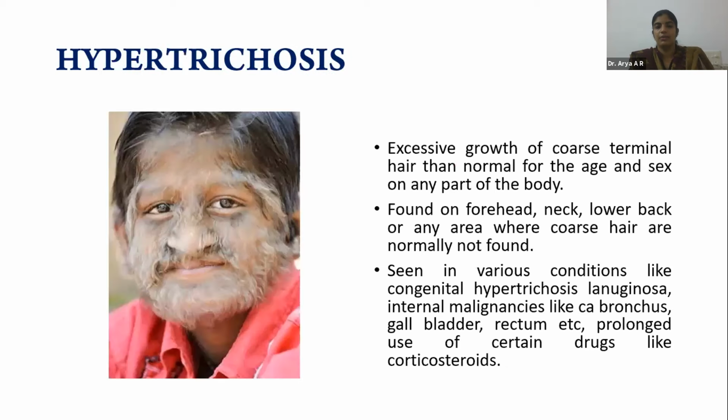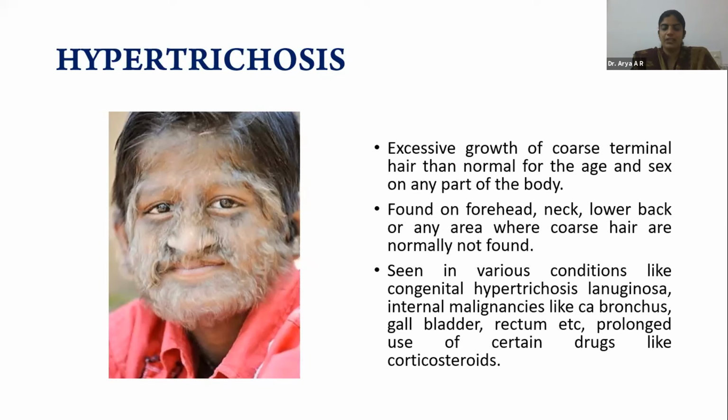So this is called hypertrichosis. You could see in this picture a child whose face is covered fully with hair. That is hypertrichosis. Hypertrichosis means excessive growth of coarse hair, more than the normal hair, on any part of the body.